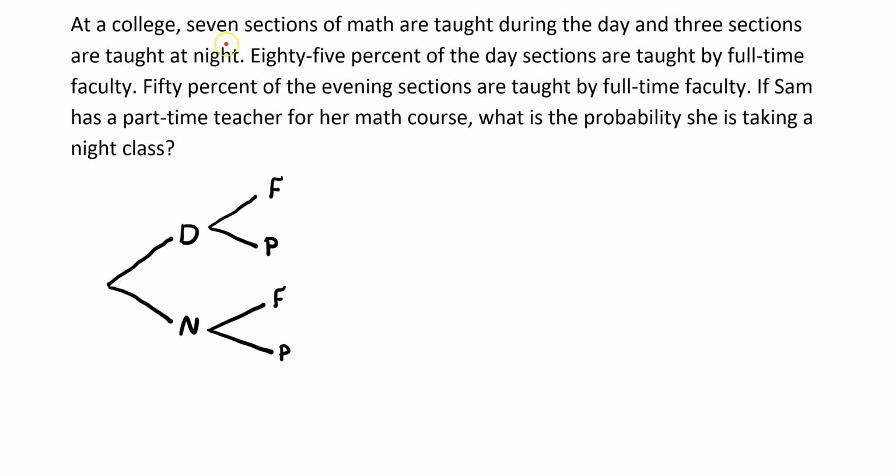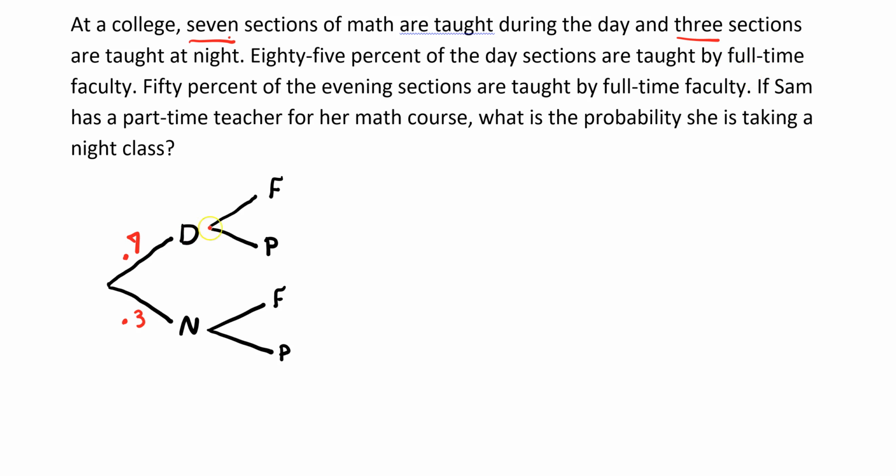So it had said 7 sections of math are taught during the day and 3 sections are taught at night. Altogether, we're looking at 10 sections. So 7 out of 10 are day. I'm going to write that as 0.7. 3 out of 10, or 0.3, are night. 85% of the day sections are taught by full-time faculty.